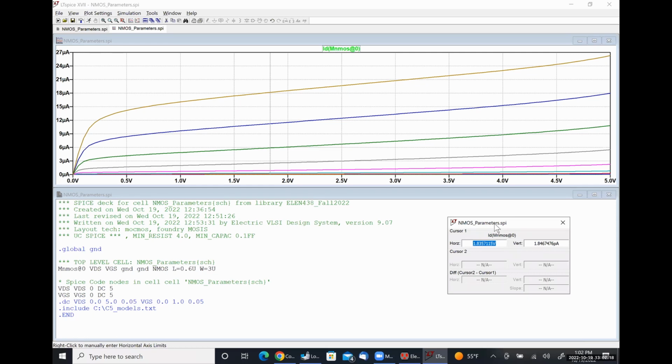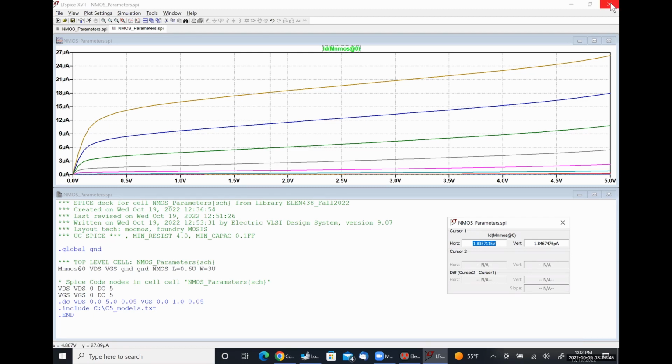So the problem that I am having right here is that it's selecting the data from effectively the off states. And I can tell that because my corresponding Y value is 1.85 picoamperes and my scale here is effectively in microamp. So I know that I'm not getting the data that I want.